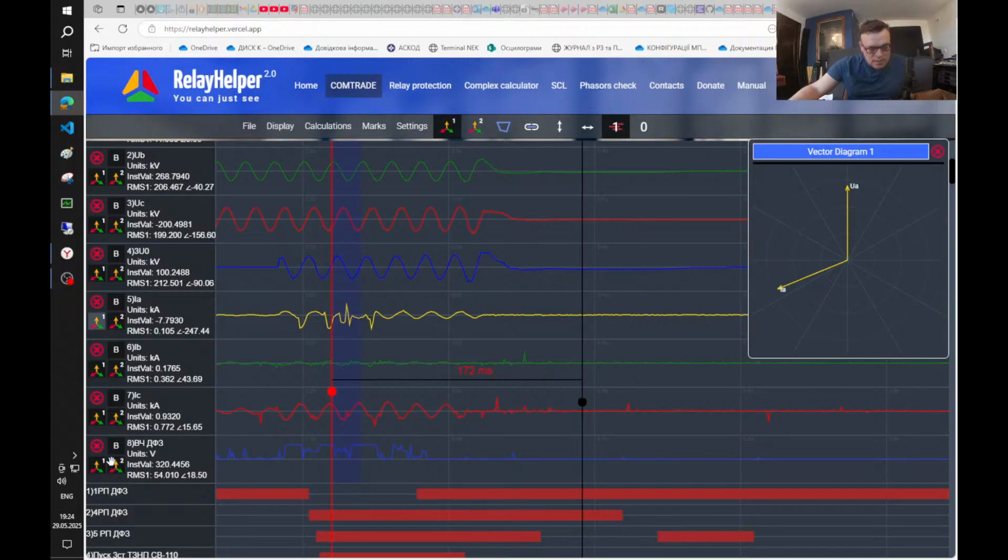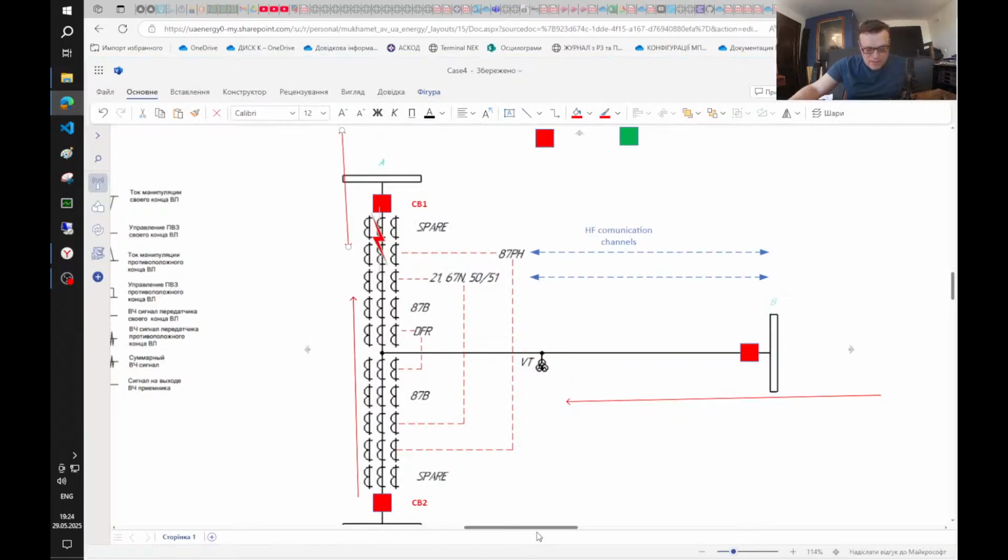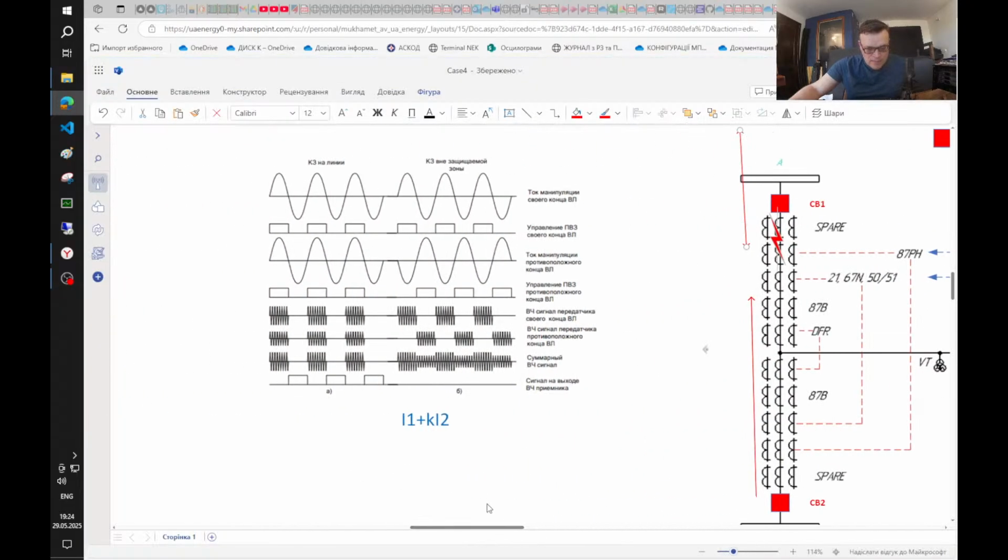So the last analog channel is, as I already said, the high frequency phase differential protection's signal. During an external short circuit it should be like that.